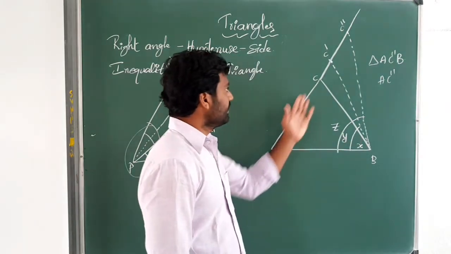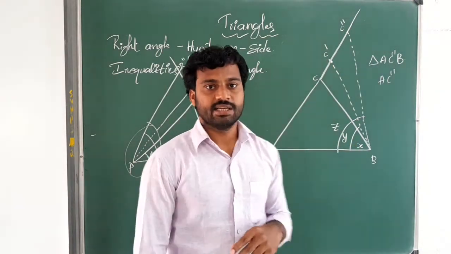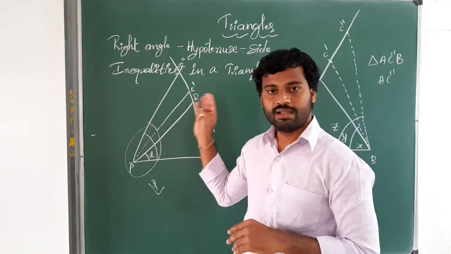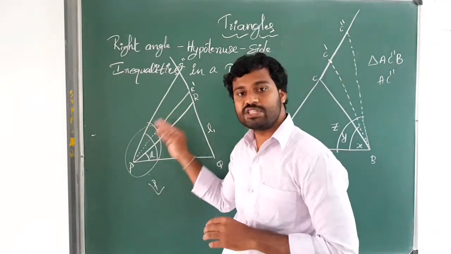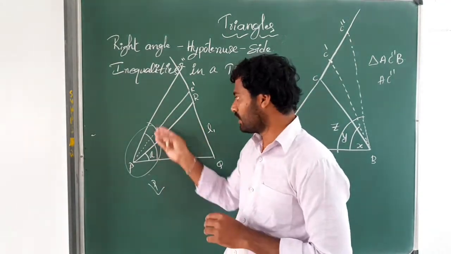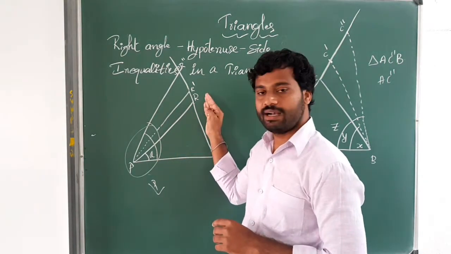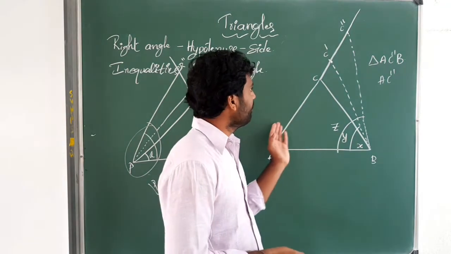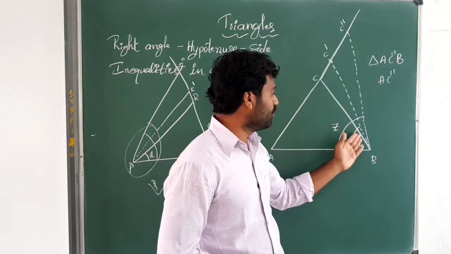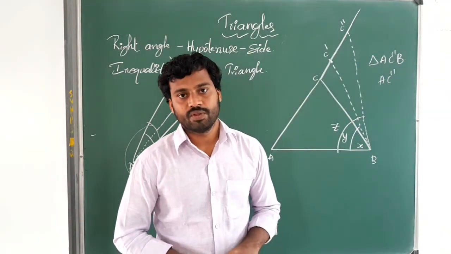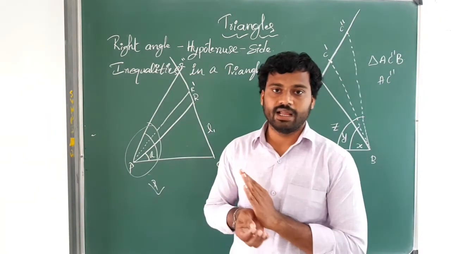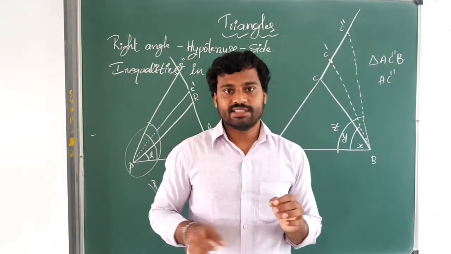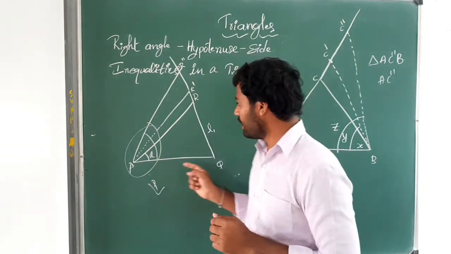If you are increasing the length, angle will increase. If you are increasing the angle, length will increase. Their opposite length, not others. If you increase any one side, its opposite angle will increase. In a general triangle, the three angles will be known.